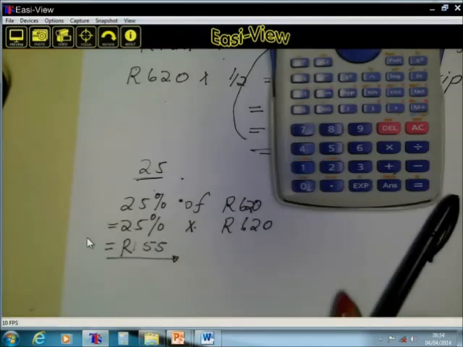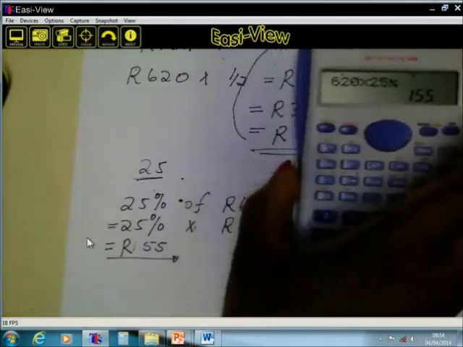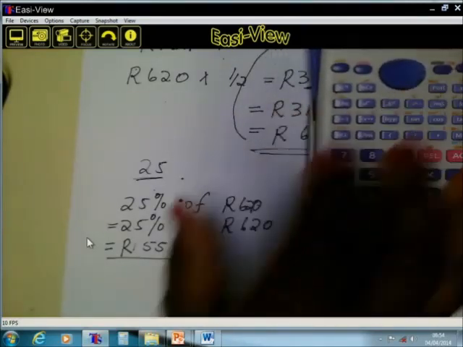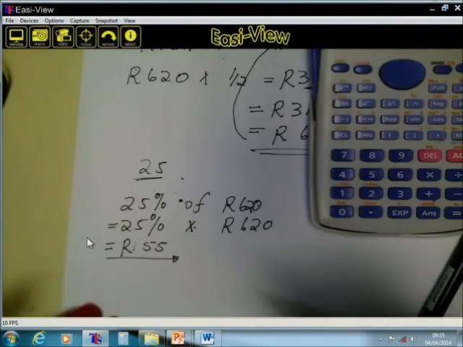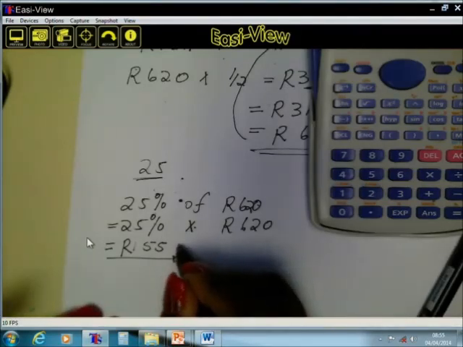That is the 25% of 620. But let us understand what the question is saying. The question says, how much are the senior citizens going to pay for their trip? It doesn't end here.